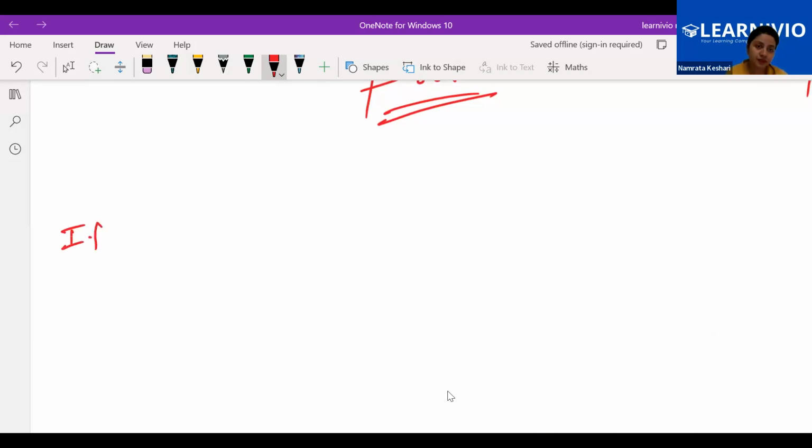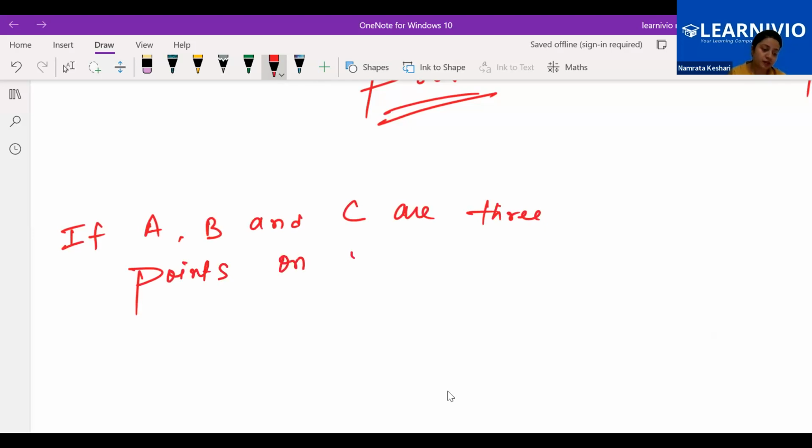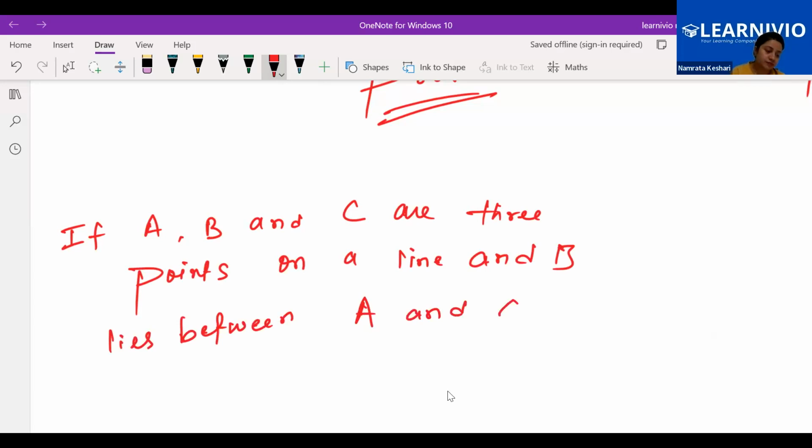If A, B, and C are 3 points on a line and B lies between A and C, then prove that AB plus BC is equal to AC. I'm drawing the figure.